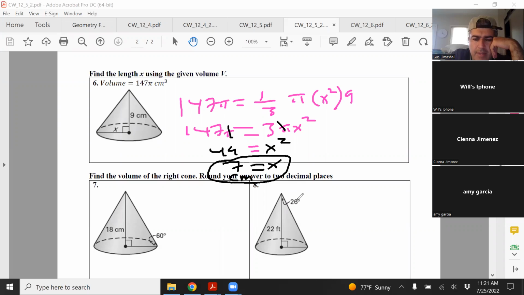And for 8, you got to solve for r here. So tangent equals that.